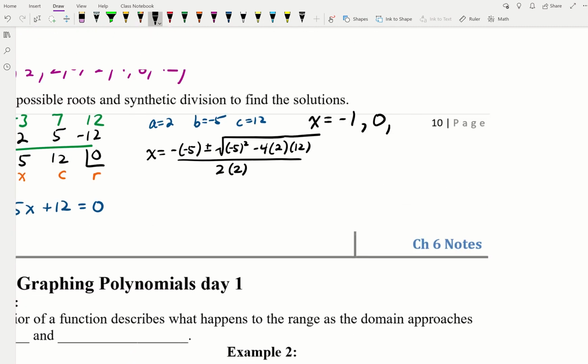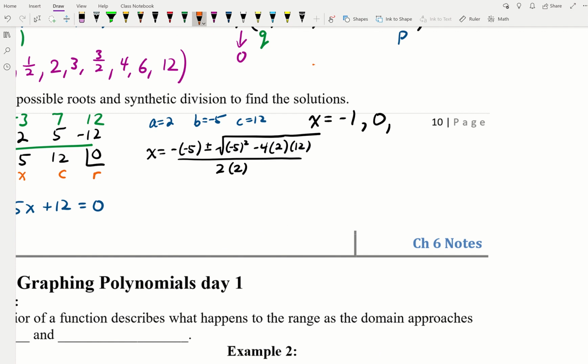Just a reminder, in case you forgot the formula, I'll write it up here: x equals -b plus or minus square root of b squared minus 4ac all over 2a.